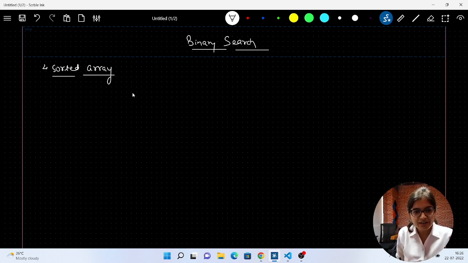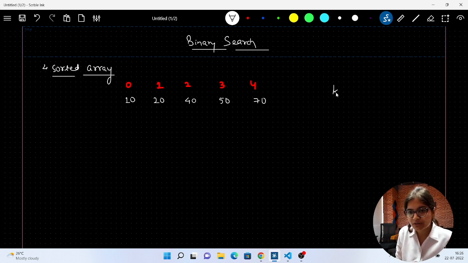For example, we are given an array like maybe 10, then 20, then 40, then 50, and then 70. And we know that every array has its own index number. So it will start by default from 0. So it will be 0, 1, 2, 3, and 4. Now here, for example, the element which I want to search for is equal to 50.